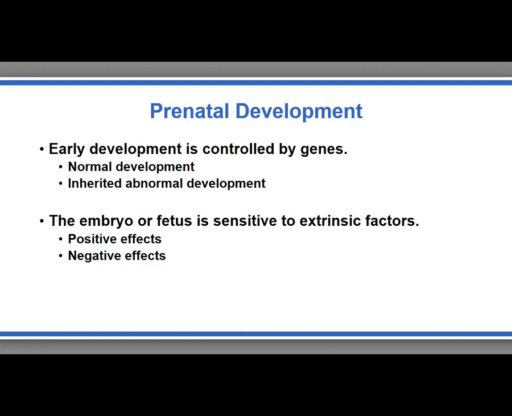The embryo or fetus is sensitive to extrinsic factors, positive effects and negative effects. So again, if the mother is doing drugs or abusing alcohol or something, that's going to have a negative effect, right? If the mom is eating healthy, taking care of her body as well as the baby's body, that will have a positive effect.